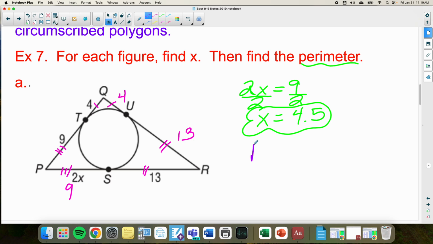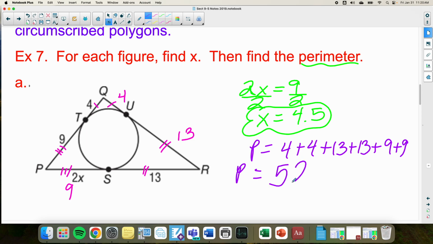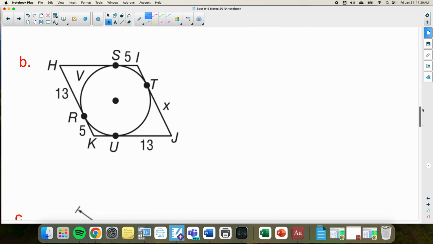So the perimeter would be 4 plus 4 plus 13 plus 13 plus 9 plus 9, which you would just add that together. Did anyone do that? 8 plus 18 is 26. Is it 52? 52 would be your answer. So one answer is to find x, one answer is to find the perimeter.